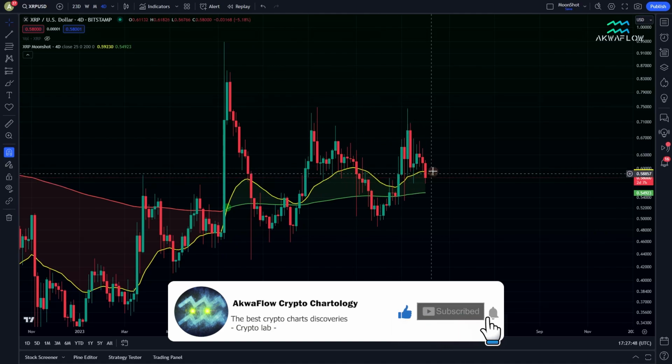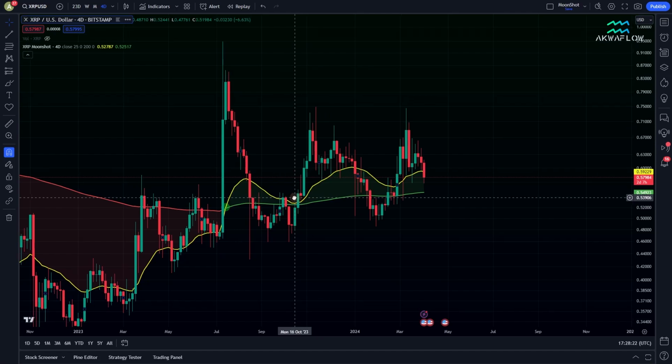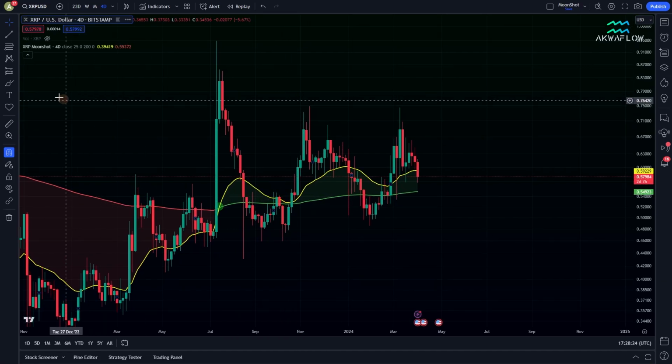Of course, we need to track what will happen here, because as you can see, XRP is trying to pierce again to the downside the yellow line. But what really matters is if the yellow line crosses the green line and goes below it. And you remember when we were there, it was pretty close, right?